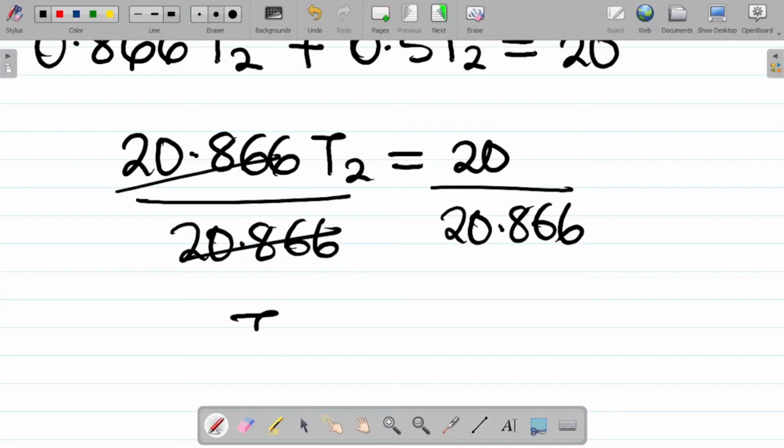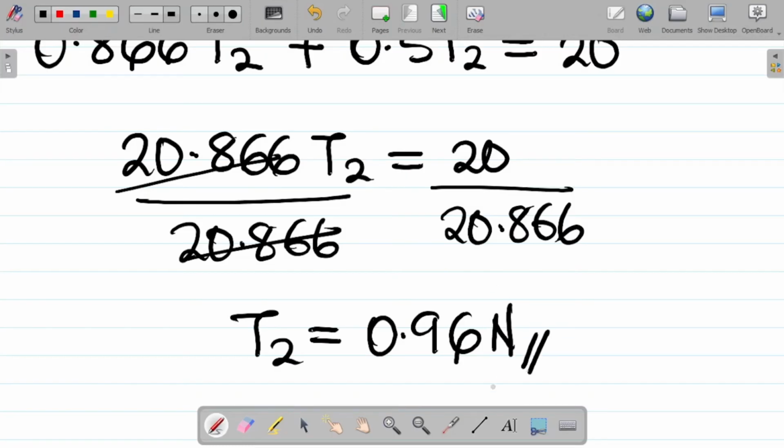We'll have that T2 is equal to 20 divided by 1.366, and that's about 14.64 Newton approximately in 2 dp.